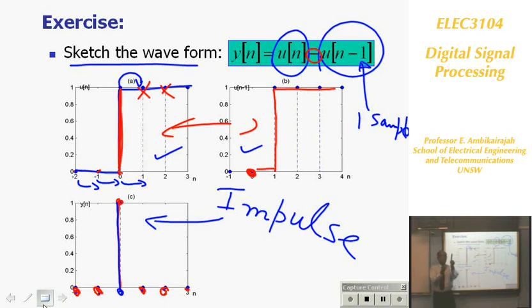That impulse can be at n equals 0, n equals 1, it doesn't matter, but it only has one value of unit amplitude. If you have unit amplitude, it's called a unit impulse. That means this value is 1. If this value is 5, then you just call it an impulse. Okay?